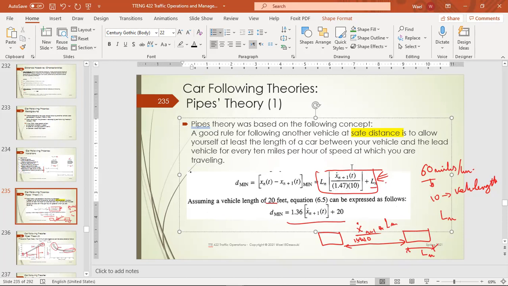So here we come with the number of tens in the speed multiplied with vehicle length plus vehicle length. If we assume that the vehicle length was 20 feet, okay, then this equation comes down to be d minimum = 1.36 multiplied by the speed of the following vehicle plus 20.